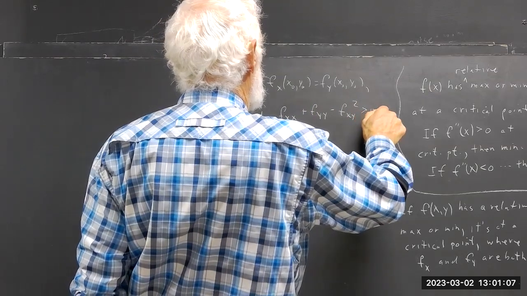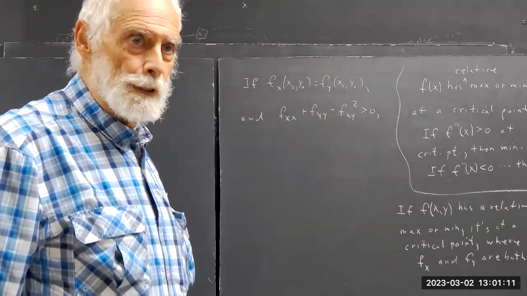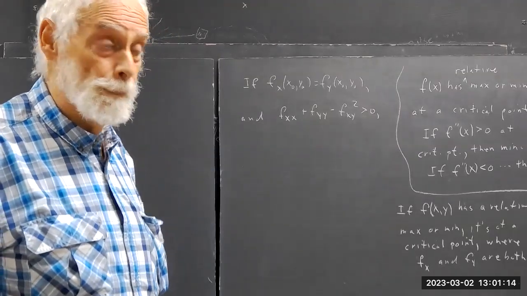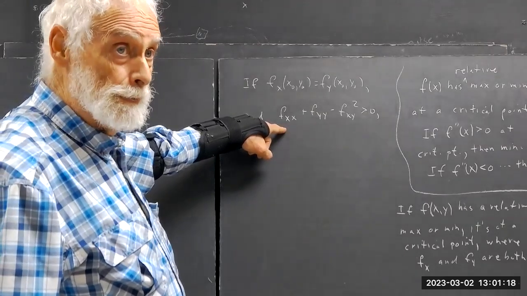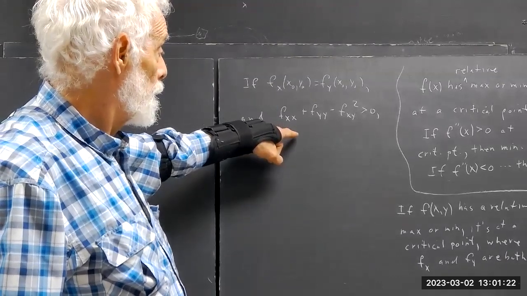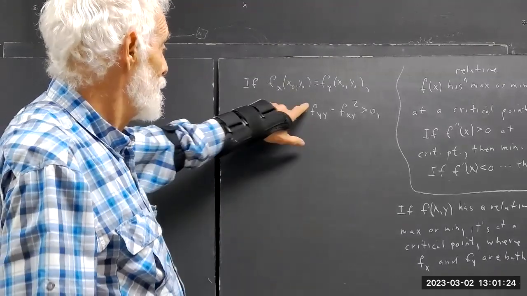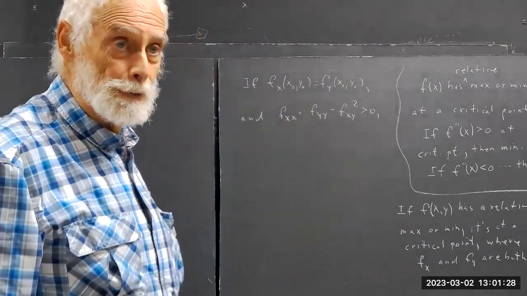Here's your test. It's a second derivative test. If this says your second x derivative times, sorry, your second y derivative, it's not close.